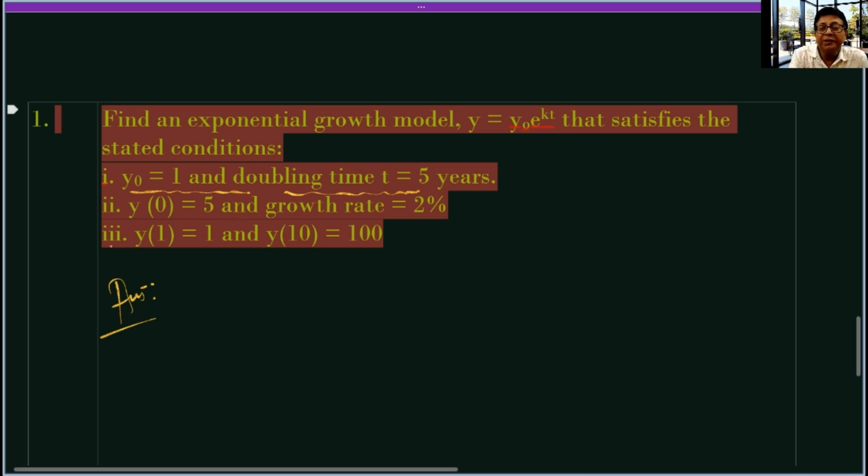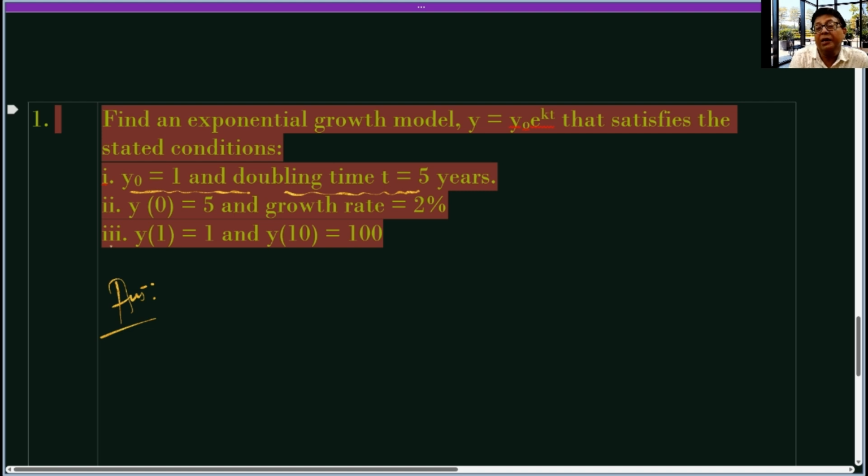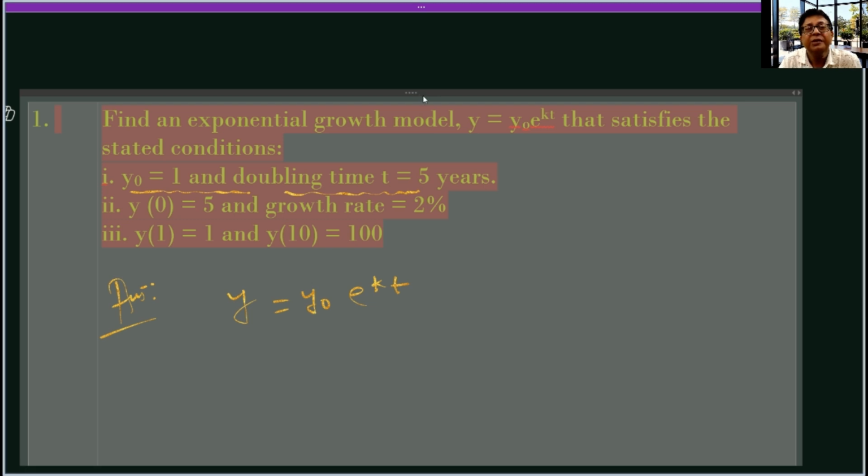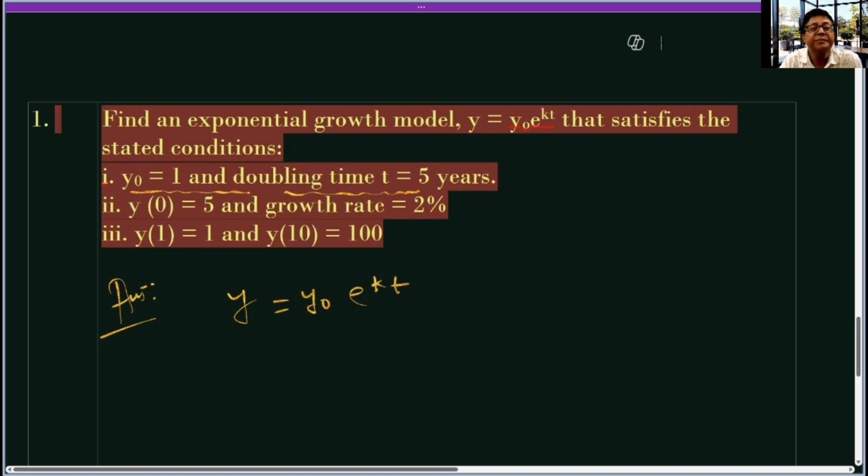What I told you, you can use this. I did not change the symbol; I have kept the same symbol as in the support material. First tell me, does this come under the category of growth or decay? Obviously growth, because it is stated there, this should be a growth model, isn't it?